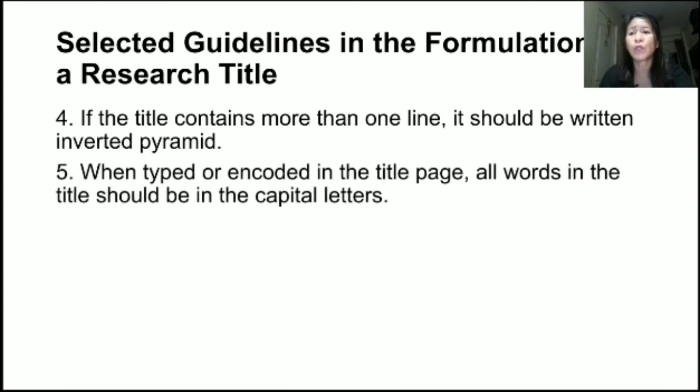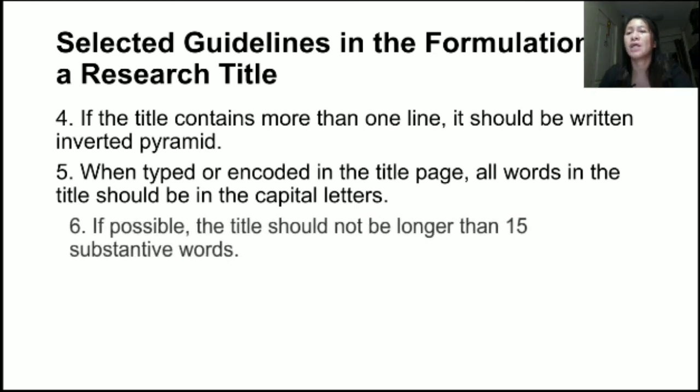When typed or encoded, all words in the title should be in capital letters. This is done for your completed written work. There are different guidelines when written work is for submission for other purposes. So basically, you don't use capital letters. Next.